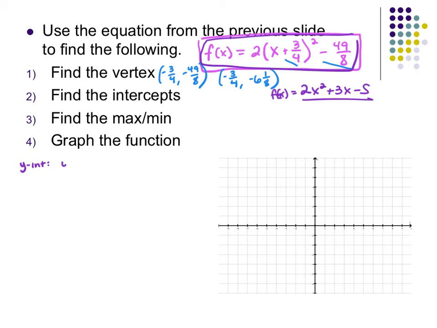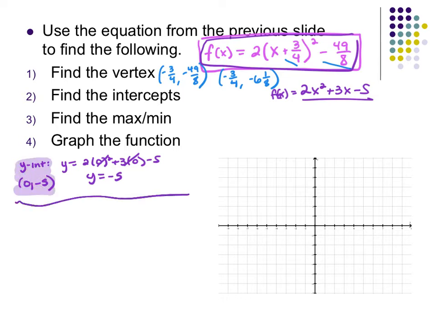So if I do that, I get y equals 2 times 0 squared plus 3 times 0 minus 5, gone, and y is negative 5. Much easier to plug it into the original. Sometimes there's not that much of a difference, but because our answers from our complete the square and our standard form have so many fractions, it's probably easier to do that from the beginning. So here's my y-intercept. Then my x-intercept.